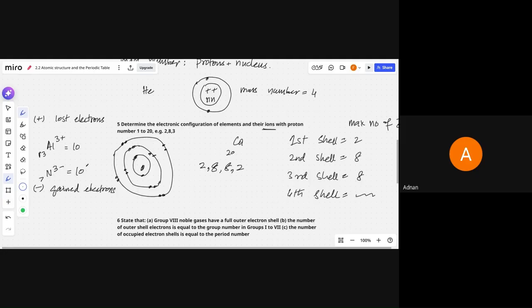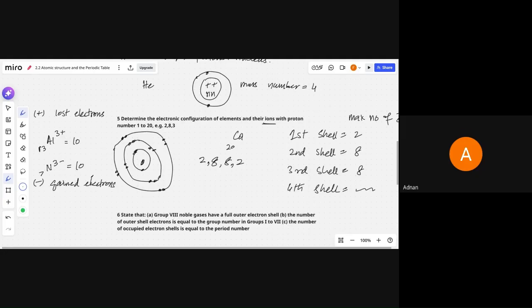When ions appear in the questions, you have to be careful, because you will have to figure out how many electrons are there in that ion, and then you will write the electronic configuration accordingly. I've added a question from the past paper at the end of this lesson, where I will explain this, and then it will become more clear.